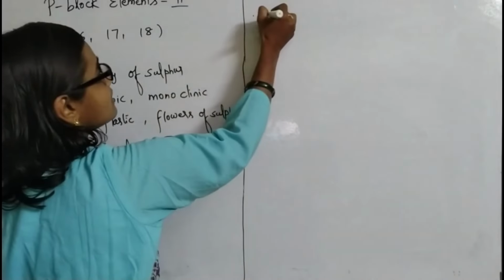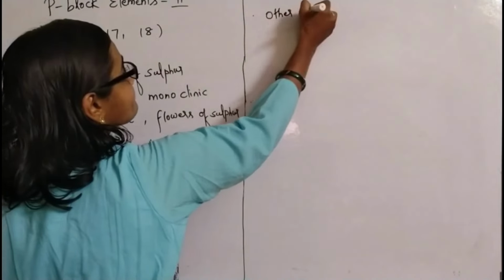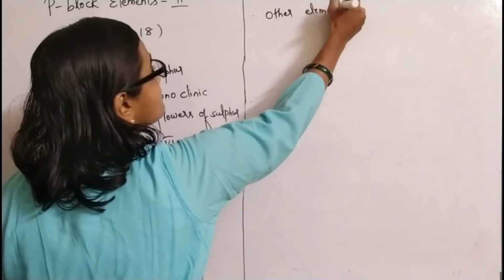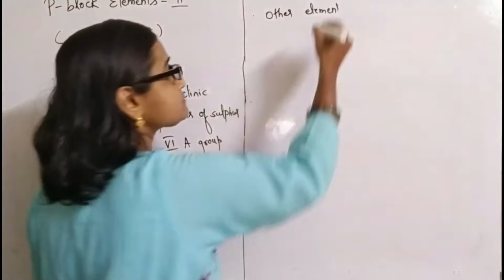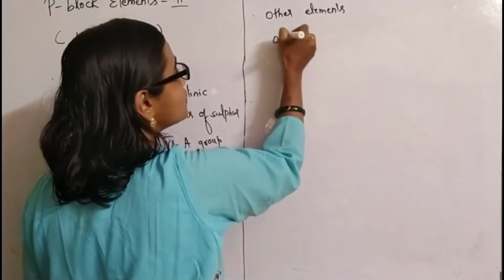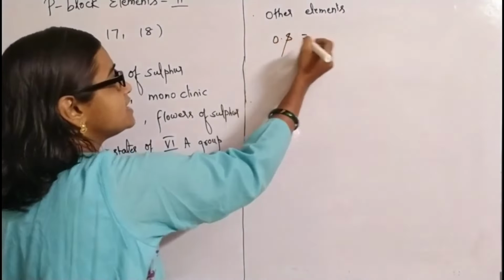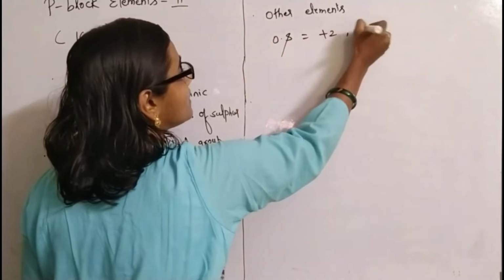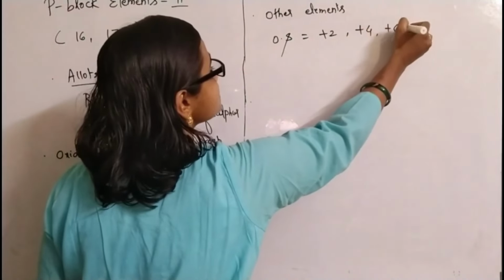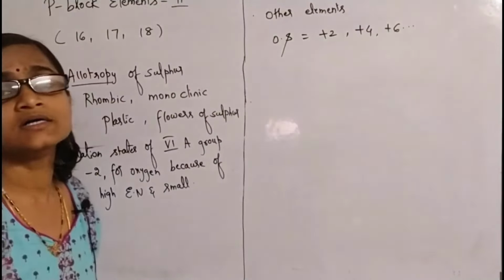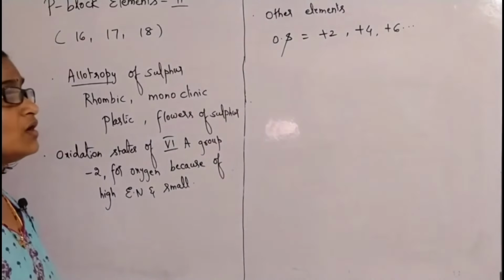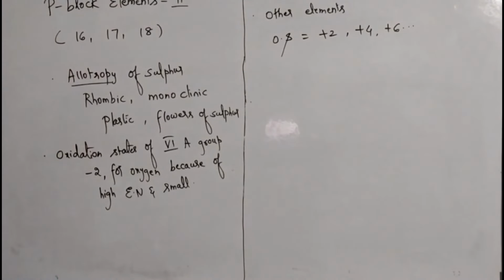Here OS means oxidation state. So like that, 6th A group elements exhibit higher oxidation states also.